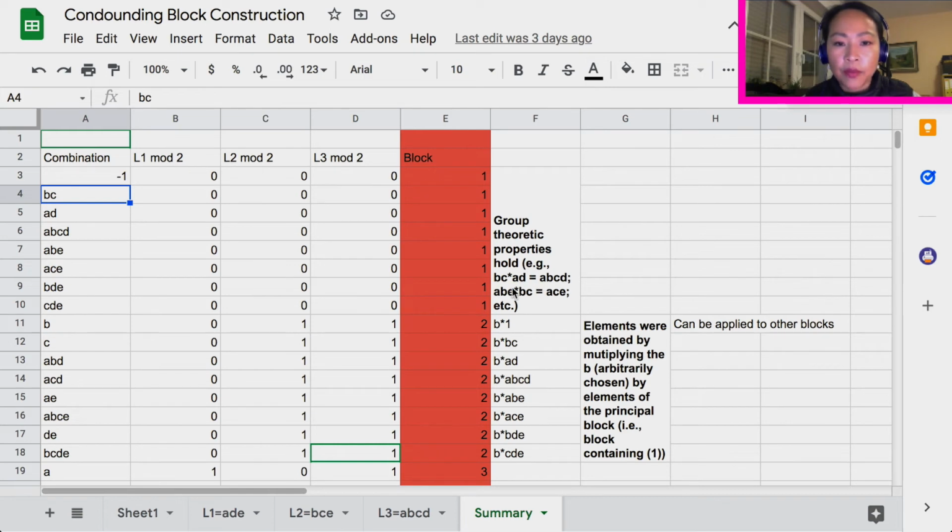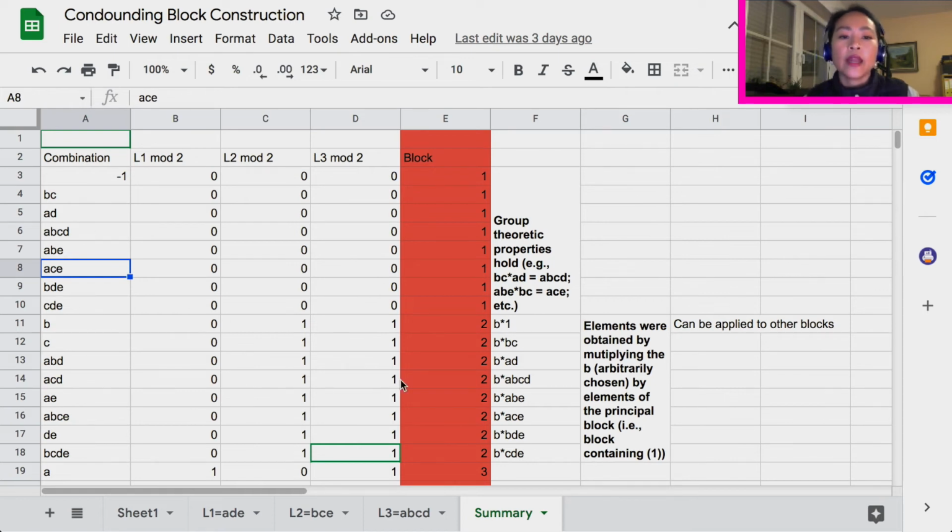For example, BC times AD is equal to ABCD, and ABCD is actually here. You can also have ABE times BC, which is just equal to ACE, and ACE is also here, and so on.